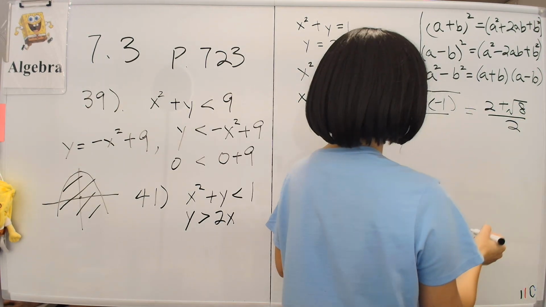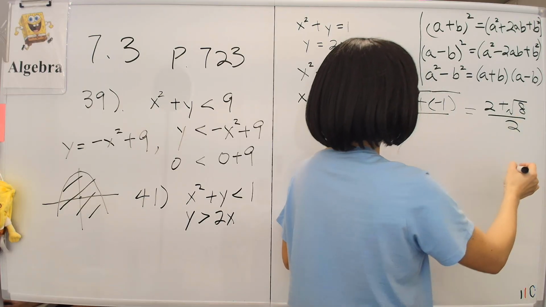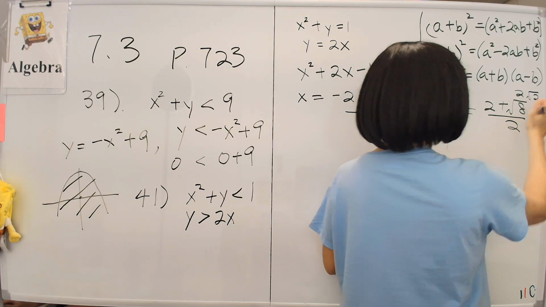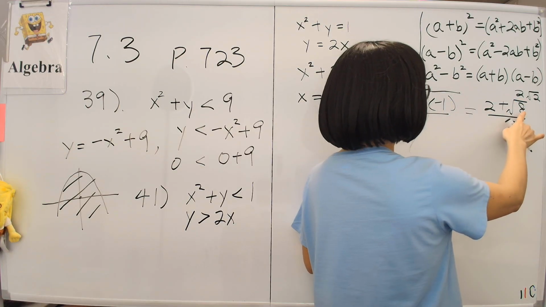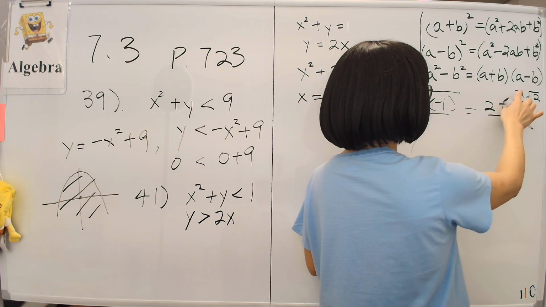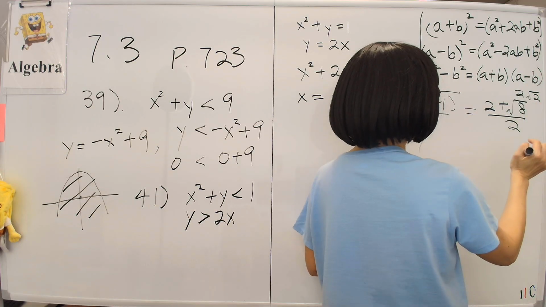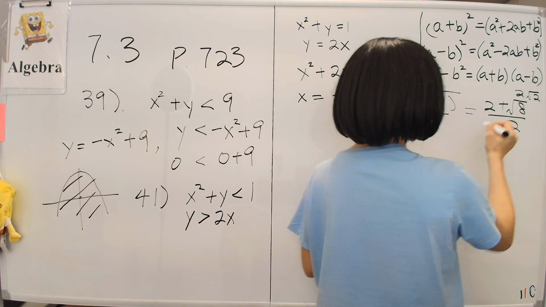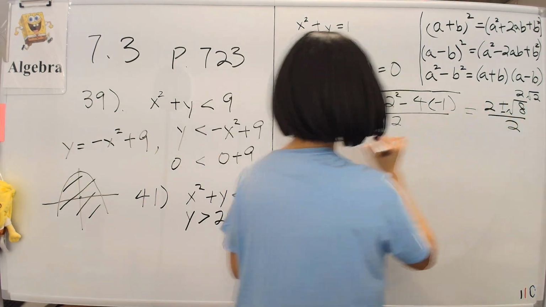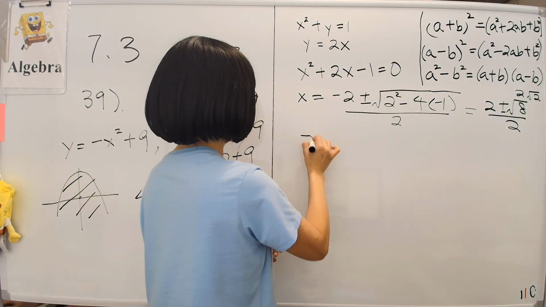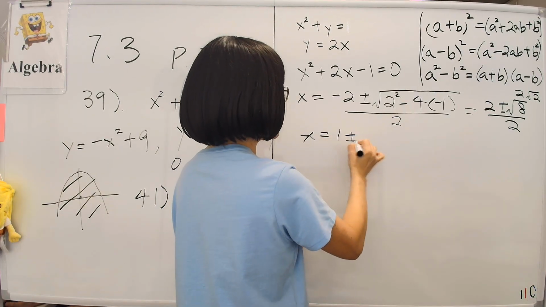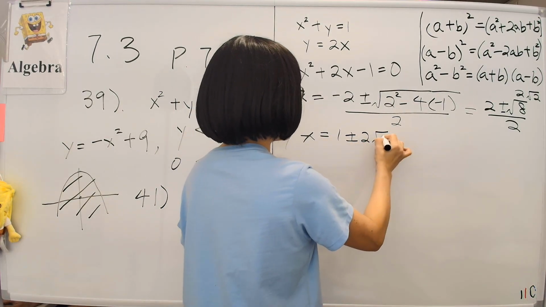The square root of 8 is the same as 2 times square root of 2, because you can factor 4 out of 8, and the square root of 4 is 2, and then you have a 2 left. So together, this is a plus or minus situation. x is then equal to 1 plus or minus 2 times square root of 2.